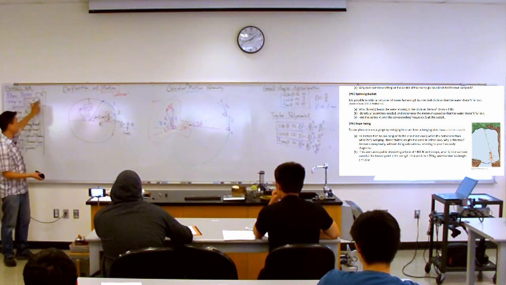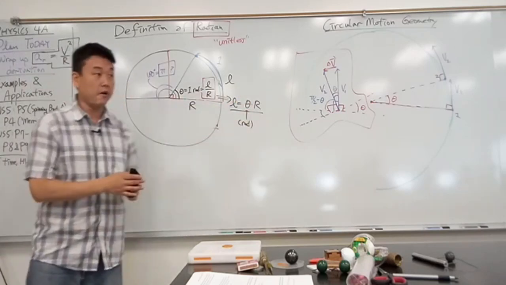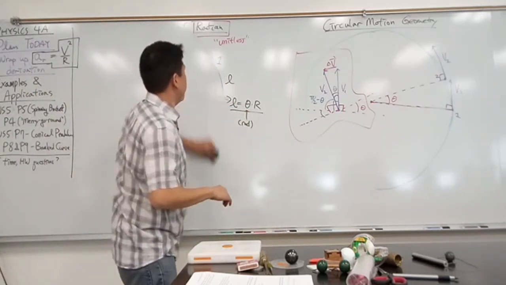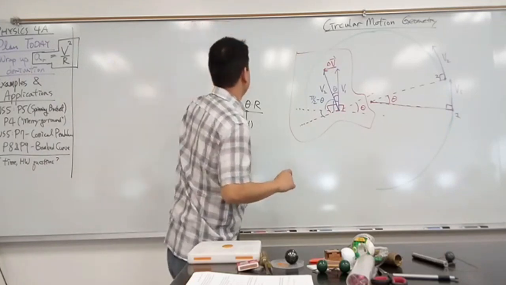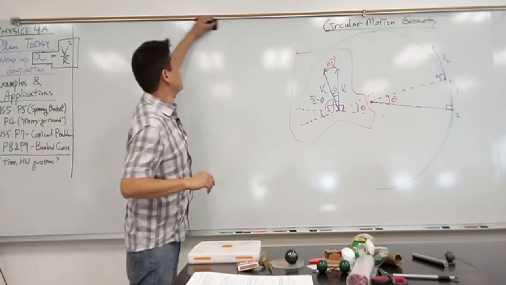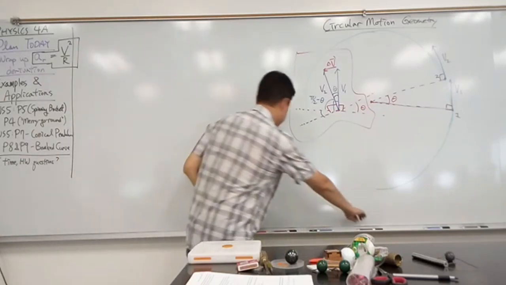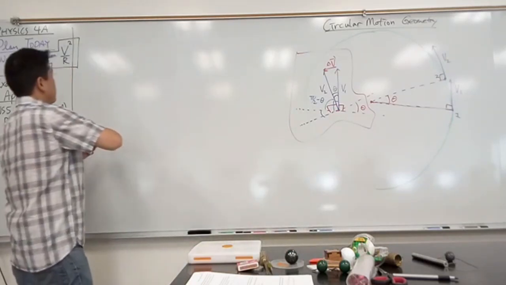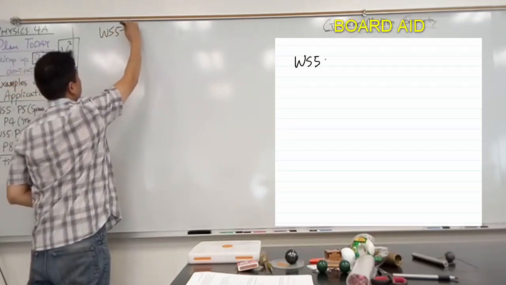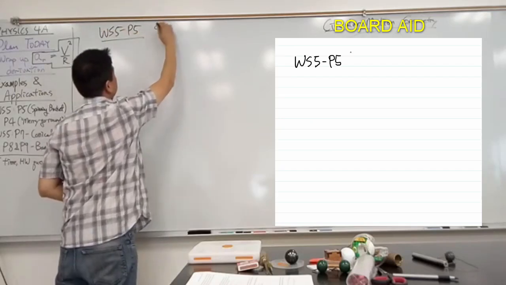It's just a mathematical analysis of something that I already had. So somehow we should be able to make sense of this bucket without introducing anything that we didn't already know. So let me call this worksheet 5, problem 5, spinning bucket.